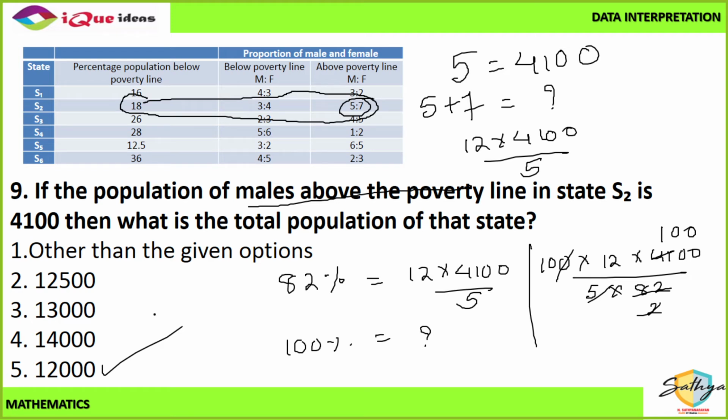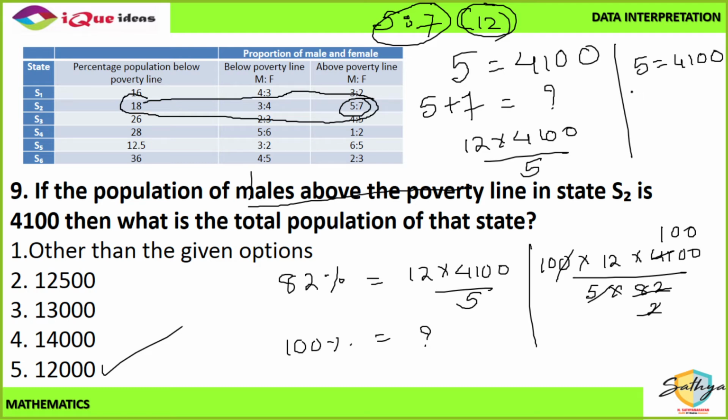See, the ratio of male to female is 5:7, which means the total is 12. Do you understand this? The ratio of 5:7 means the total is 12. So, if males, that is 5, is represented by 4,100, then the total 12 is represented by how much?